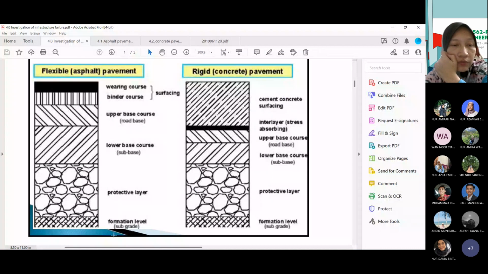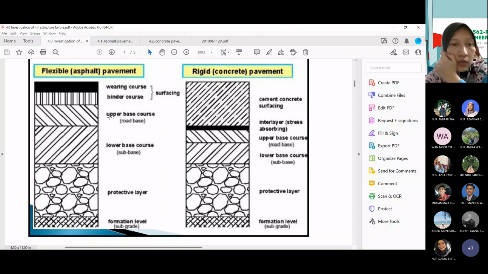So the subgrade is the foundation of the pavement. So in terms of the thickness, you can see that all these layers to construct the pavement differ in thickness. You can see that, for example, the protective layer is deeper, thicker than the wearing course or the surfacing course.